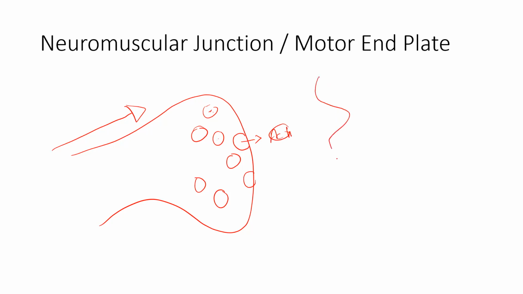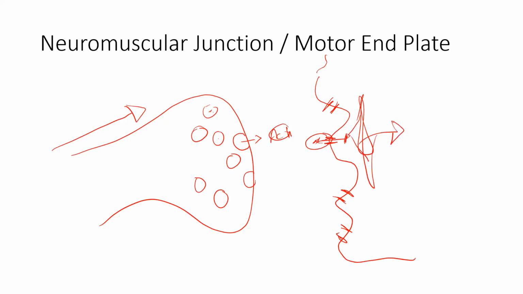So here you have the muscle cell surface, and here you have acetylcholine receptors. So this binds to these receptors, and from this impulse, it stimulates the sarcoplasmic reticulum to release calcium. So that's how the contraction starts.